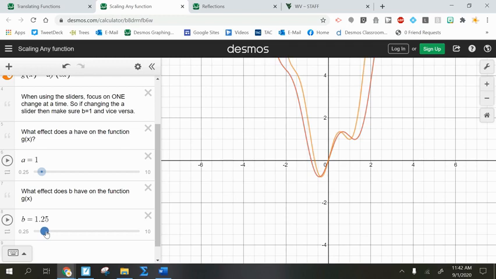So if B is bigger than 1, the x's are getting smaller. Do you see that? The y's are staying the same and the x's are getting smaller. So although B is bigger than 1, the x values are getting smaller. They're compressing and getting closer to the y-axis.